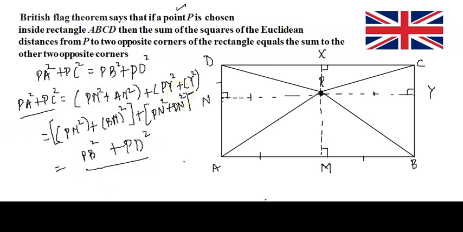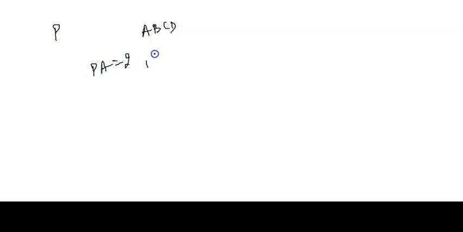Now suppose in any question, if three distances are given from a point located inside a rectangle or square, then the fourth distance can be calculated. Suppose it is given that P is any point inside a rectangle ABCD such that PA is equal to 2, PB is equal to 3, PC is equal to 4, and we have to calculate the value of PD.